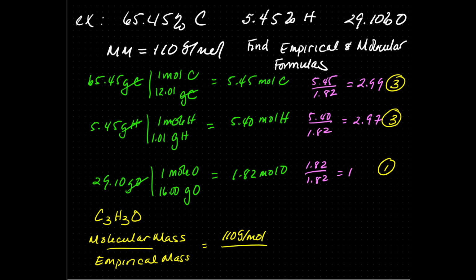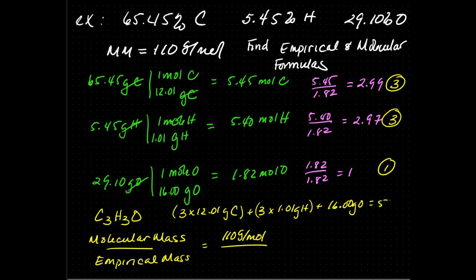So we need to find the empirical mass using the periodic table. There are 3 carbons, so 3 times 12.01 grams of carbon plus 3 times 1.01 grams of hydrogen plus 16.00 grams of oxygen because there's only 1 oxygen.